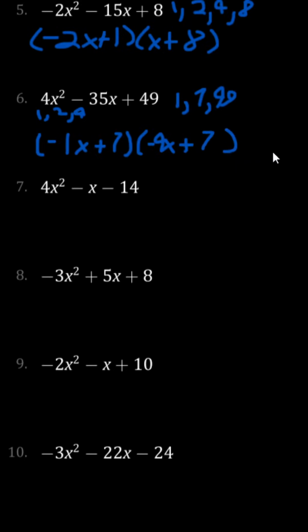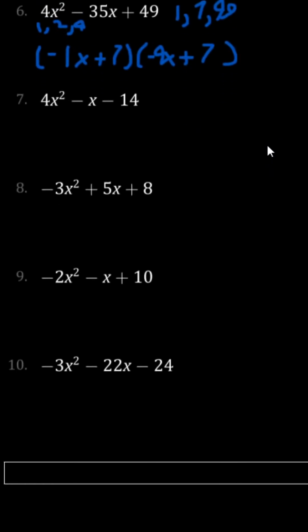A lot of this is just intuition. It's almost like forming a puzzle in your brain of what c values are there, what a values are there, and then what b values do you need. Okay, 4x squared minus x minus 14. We have a simple b value here, it's just -1. -14 is a simple number. 1, 2, 7, and 14, one of which is going to be negative.